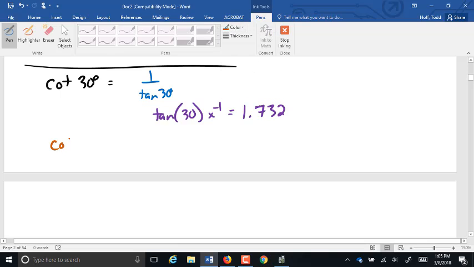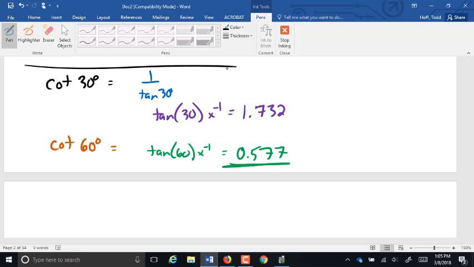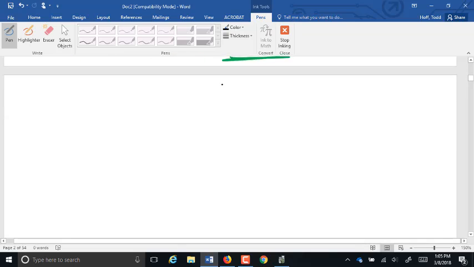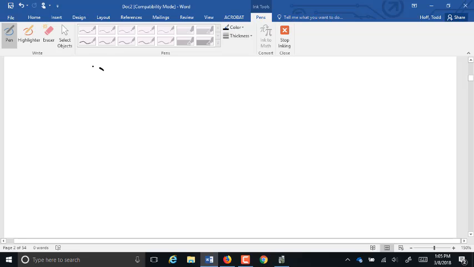So find for me the cotangent of 60 degrees. Get 0.577? Perfect. So we can find the value of the trig function from that.